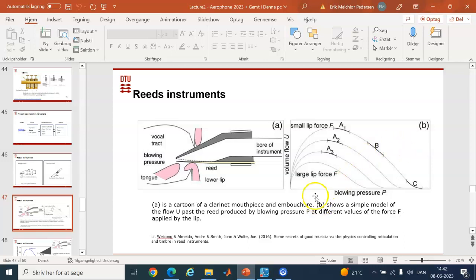We have lip force and different blowing pressures. Then the volume flow U will vary. Small lip force means a lot of flow, and more lip force, less volume flow.